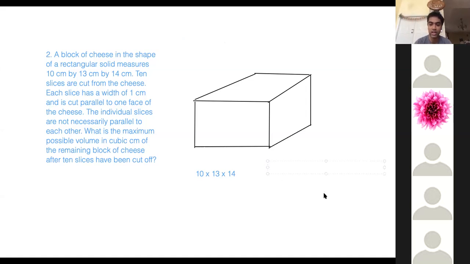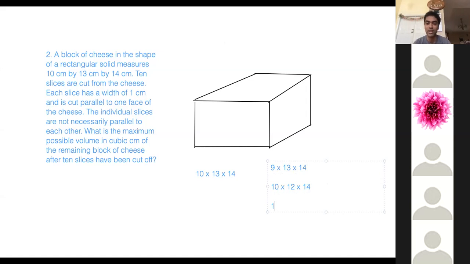If I cut it in that direction, it's going to be 9 by 13 by 14. What are the other ones that I can do? Ten by 12 by 14. 10 by 12 by 14, right? Yeah. Okay, and what's the third? 9 by 13 by 13.